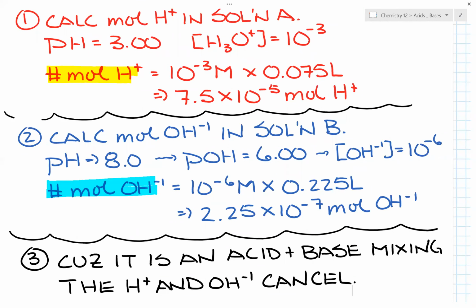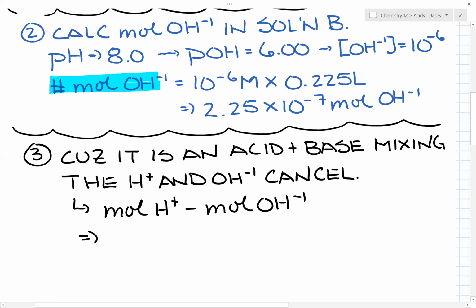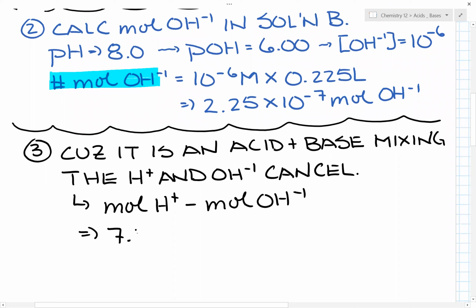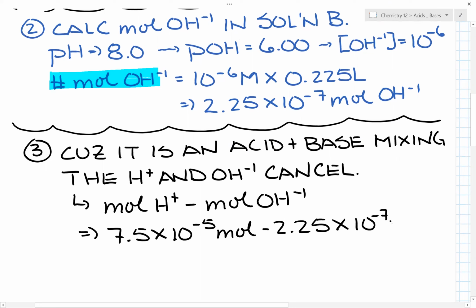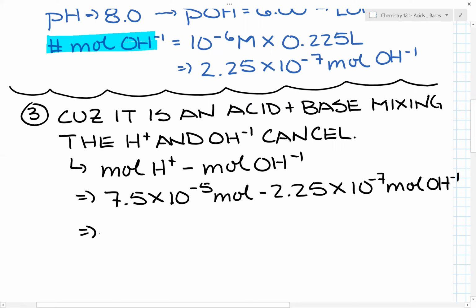What I would get is 7.5 times 10 to the negative 5 moles minus 2.25 times 10 to the negative 7 moles of OH-, and I get 7.48 times 10 to the negative 5 moles of H+ in excess.